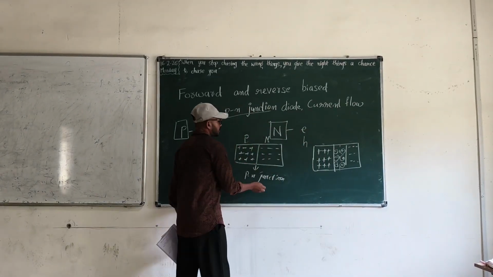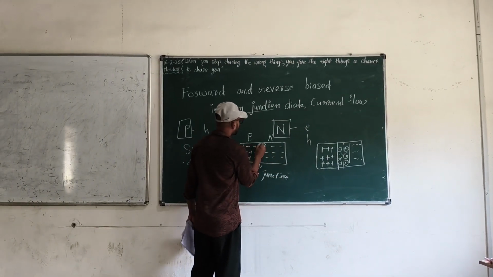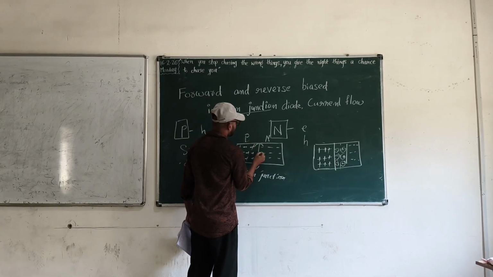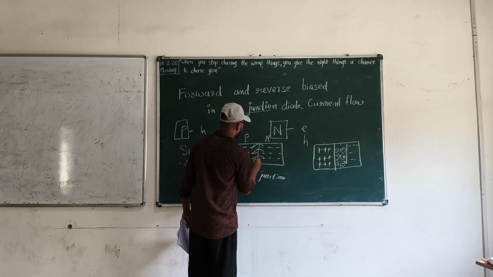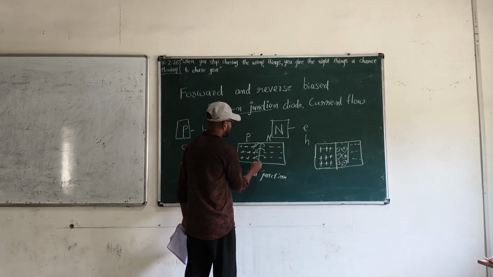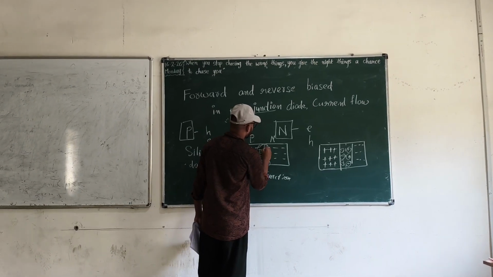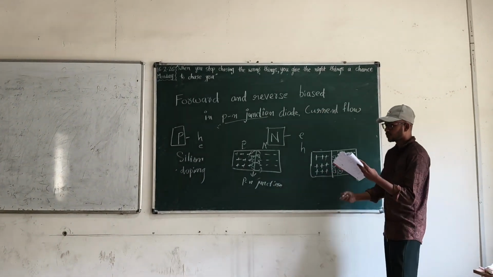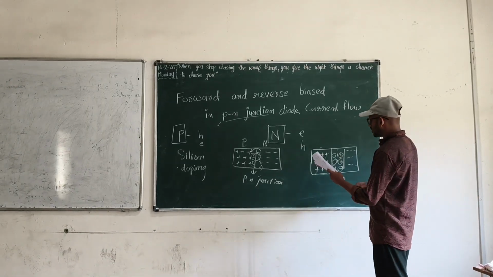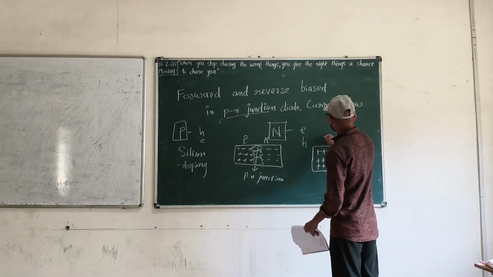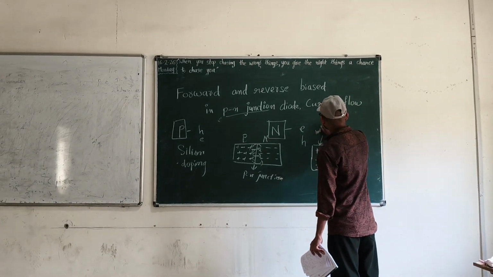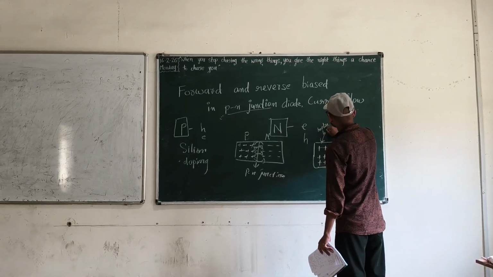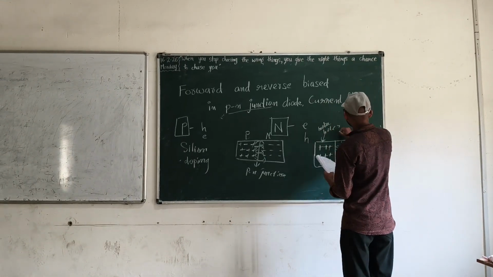Here, the electrons move towards the p region and holes move towards the n region. These are the mobile holes and these are the fixed ions.